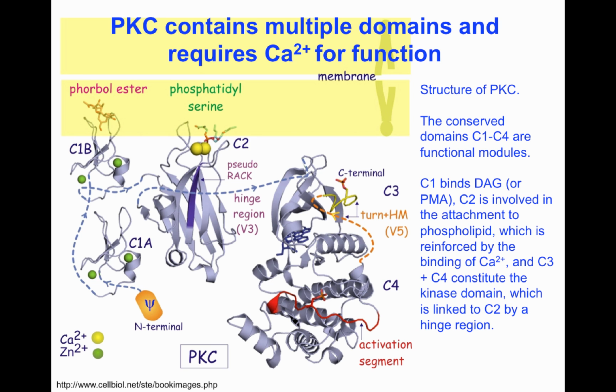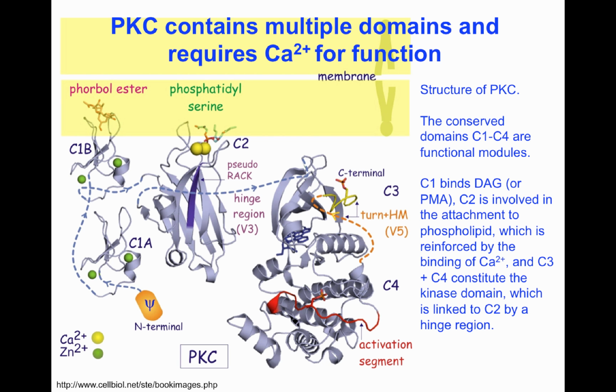And that is the one that requires calcium to make it stick into the membrane. Now, there is a very long hinge region that links the C2 to the C3 and C4. The C3 and C4 are the catalytic kinase domains, and they're going to help perform the catalytic function of the protein kinase C, which is phosphorylation.